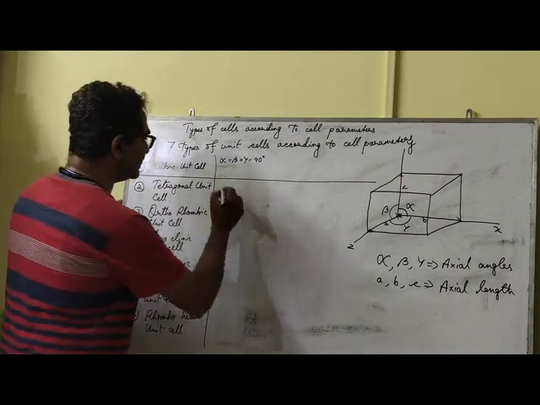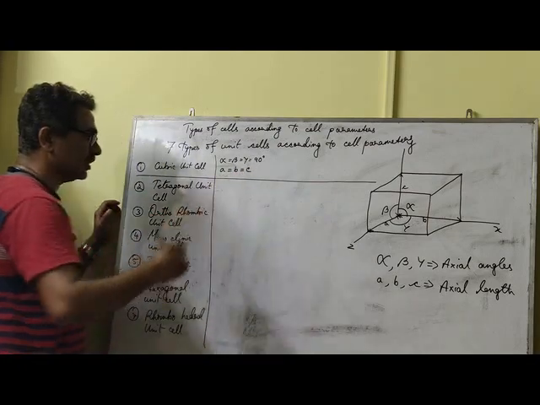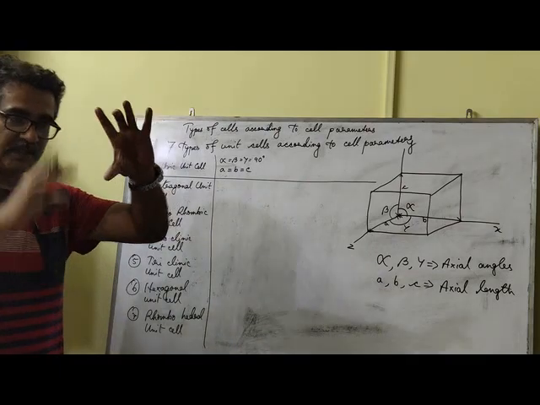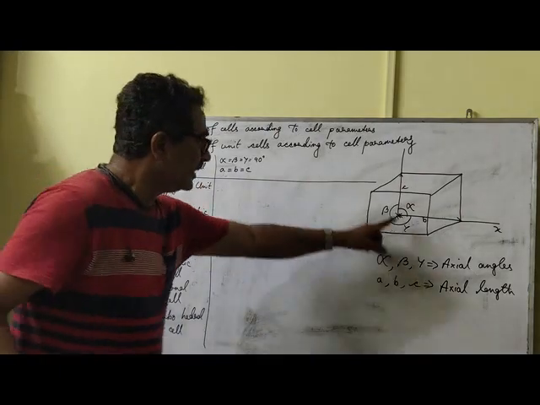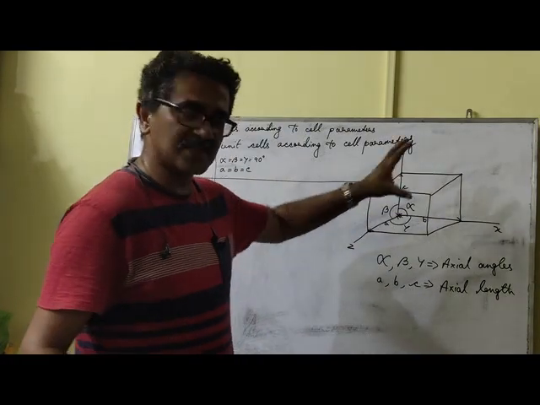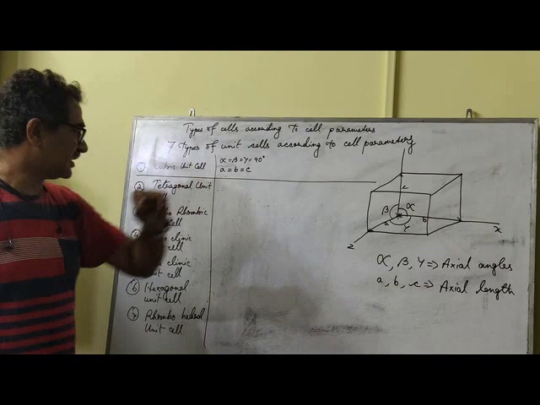And the axial lengths, that is A is equal to B and B is equal to C. That means all the axial lengths are the same. It's obvious because it's a cube: the length, breadth and height all have to be equal. And the angles are obviously 90 degree.